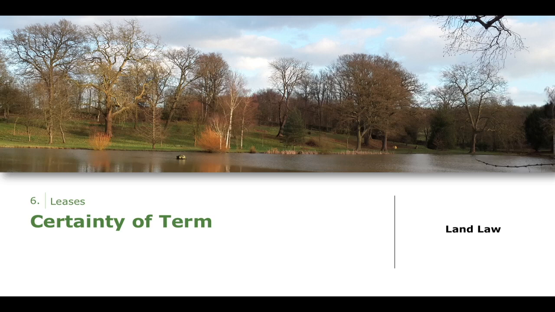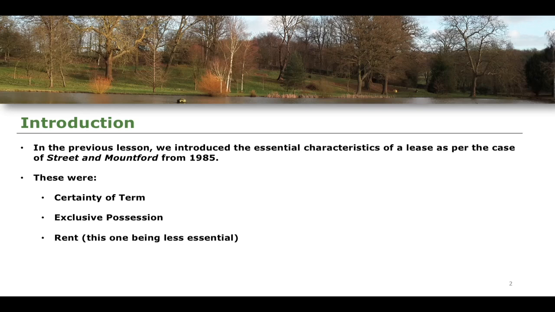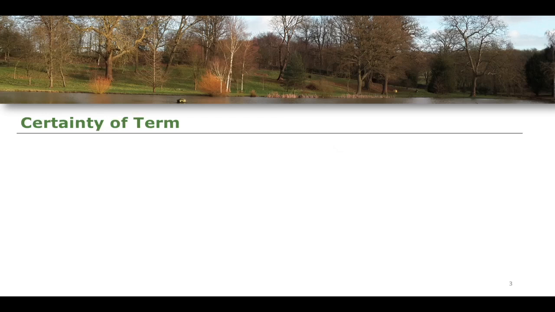That is going to be the topic of this lesson. We're going to talk about certainty of term in more detail. We've introduced the essential characteristics of a lease from the previous case. These were the 3 main characteristics, the final one not being as essential as the first 2. In this lesson, we're going to look at the first of these, the idea of certainty of term.